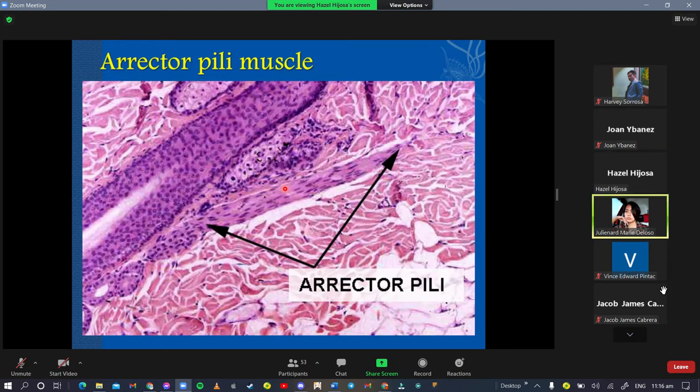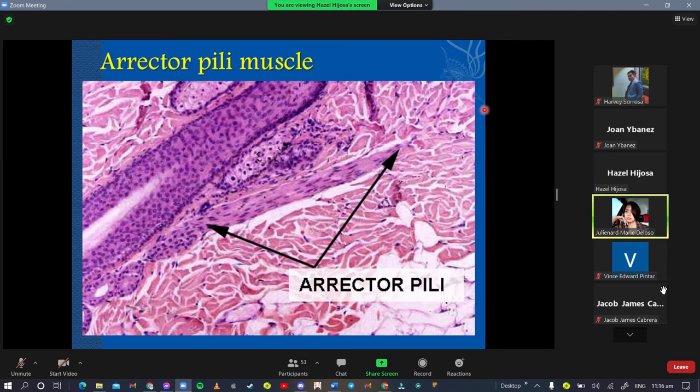So what is the importance of this muscle? Doc, when it receives signals from the sympathetic nervous system, it would contract. The hair is at an oblique angle, and when it contracts, the hair becomes vertical. It would also help squeeze out secretions from the sebaceous gland.